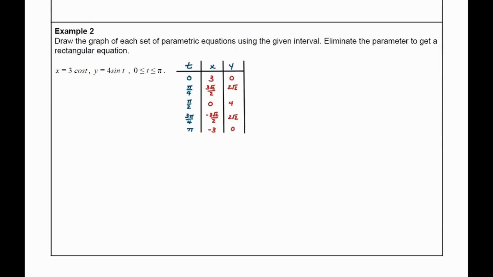So I want to try and plot those points, x, y, on my rectangular axis, and then see what the shape of this parametric equation looks like. So make my x, y axis here. And now when I said before, it might be a good idea to have an idea of what 3 root 2 over 2 is as a decimal. It's about 2.2-ish.